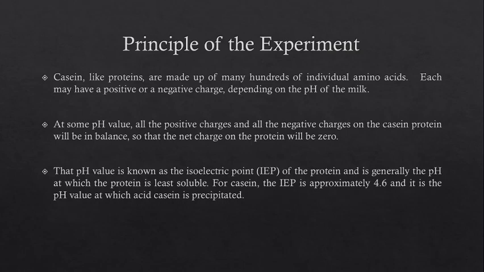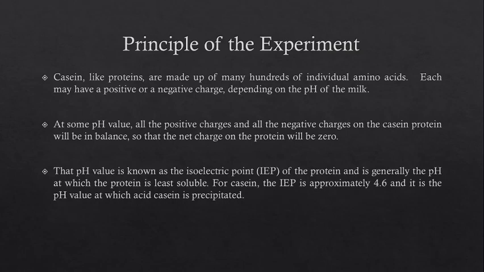How will you do it? Definitely you will add some acidic agent to the milk, and the acidic agent which will be added is acetic acid. Acetic acid will reduce the pH of the milk from 6.6 to 4.6, and at a pH of 4.6 the casein will be isolated or precipitated out.